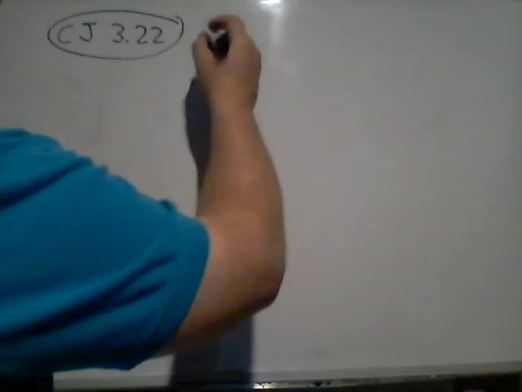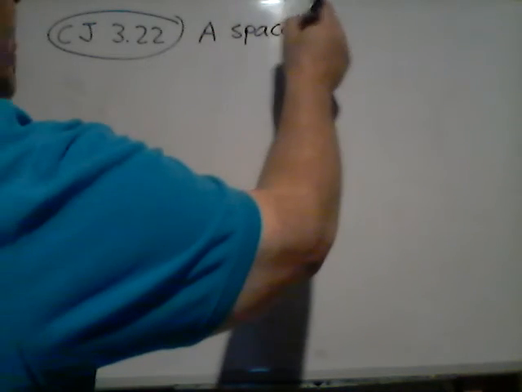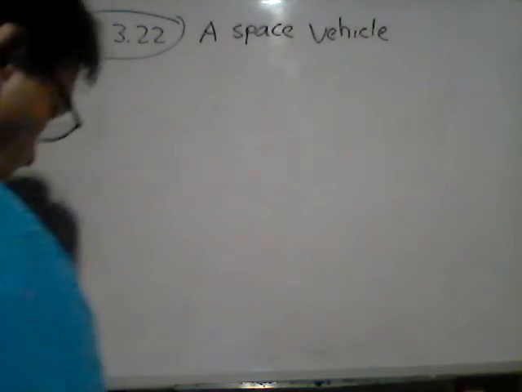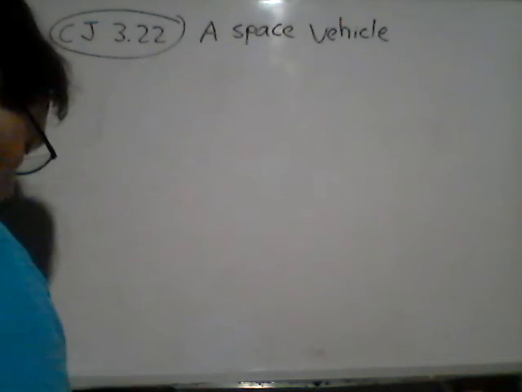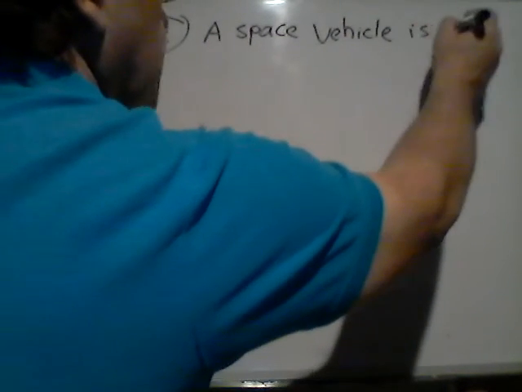You own Cutnell and Johnson, but I'll essentially rewrite the problem anyway. It says a space vehicle is coasting at a constant velocity. Some of the Cutnell and Johnson problems are long.